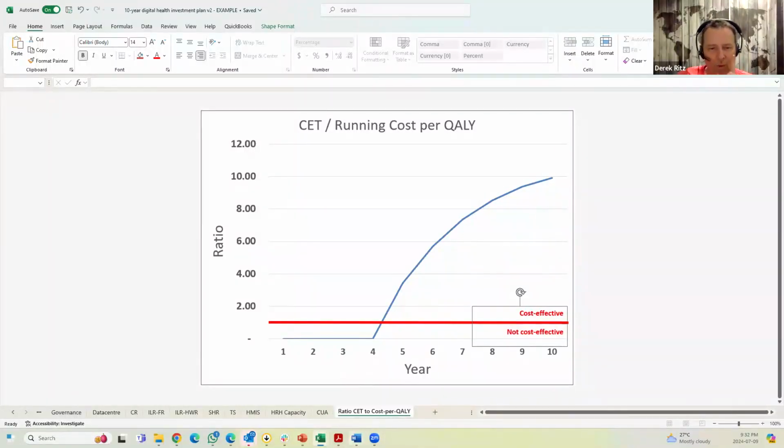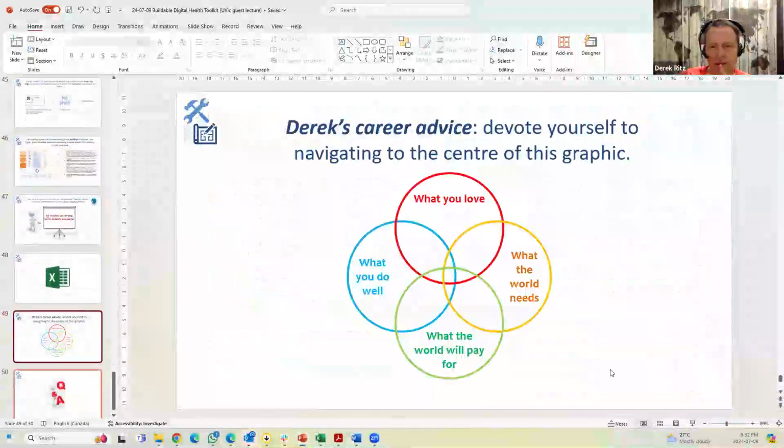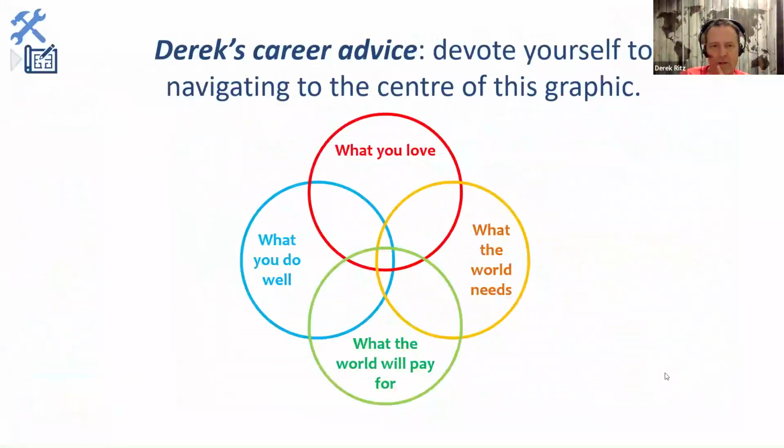I had one more thing I want to show. I know I've run us over time, but this is the one more thing I want to show. You're in a program that is improving your abilities as a professional. So you're investing in your blue circle in this Venn diagram.